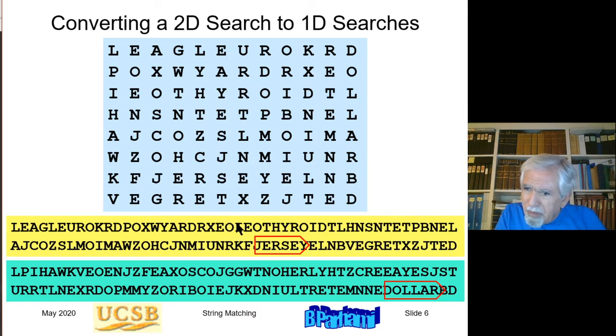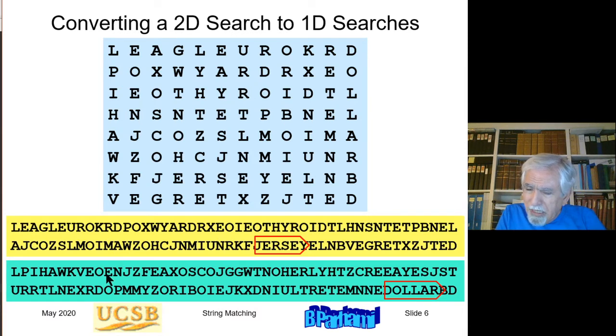And then the next row is IE. So I basically unrolled the two-dimensional puzzle into a one-dimensional puzzle. And all the words that go across the rows also exist in this puzzle. So for example, Jersey, which you see here, also exists here. But of course, the vertical words do not appear here.